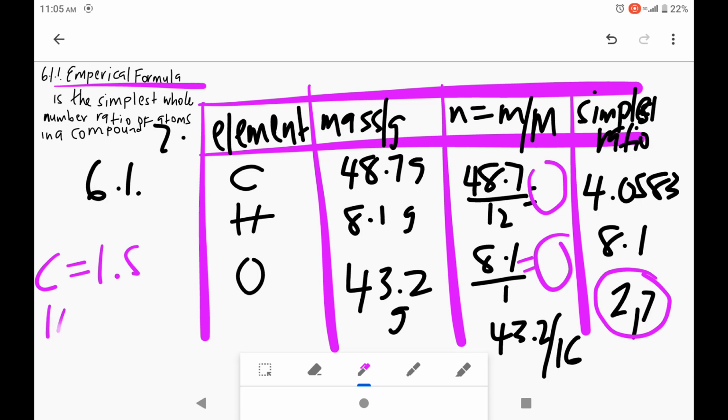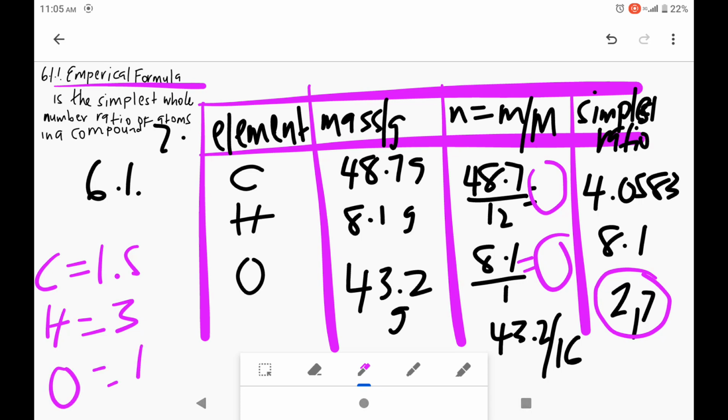Hydrogen is 8.1 divided by 2.7, we're going to get 3. And oxygen is 2.7 divided by 2.7, which is 1.